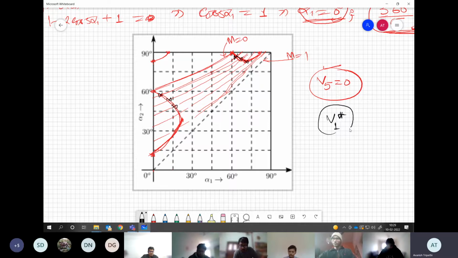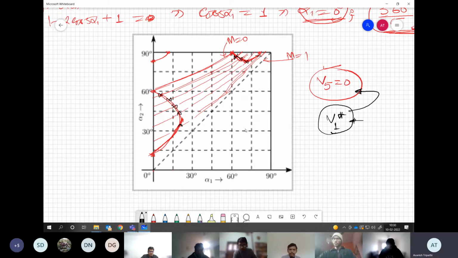Say V1, at some V1 star, you are running the motor, so fundamental has to be fixed. And then V5 equal to 0. So there could be these solutions on which you may try to run the motor. You understand my point?